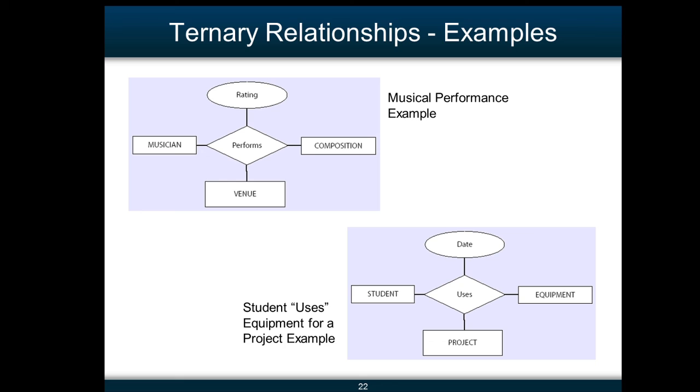This assumes that you cannot see the attributes of the student, equipment, and project here, but we're just focusing on the relationships of the three entities. But in your modeling, you should specify the attributes of the entities student, project, and equipment.